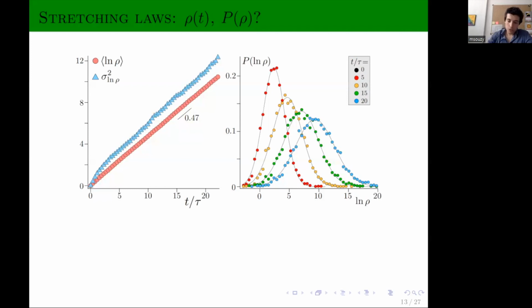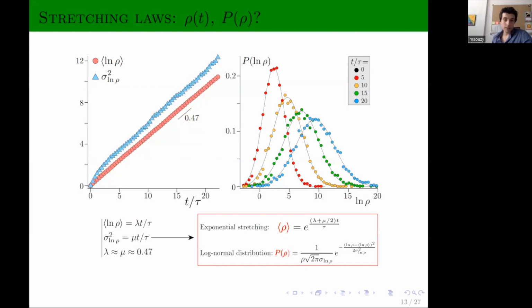And most interestingly, if the logarithm of the elongation is normally distributed, it means that the distribution of rho, the elongation itself, is log-normally distributed. And from the mean value of the logarithm of rho and the variance of the logarithm of rho, we can get back to the corresponding moments of the associated log-normal distribution of rho, which is given here.